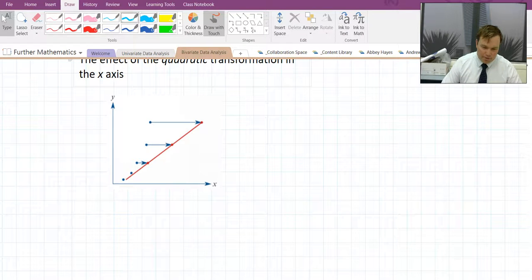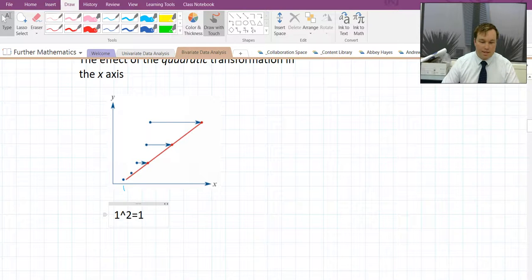So for example, if this x value here was x equals 1, and we square it, well, 1 squared is just equal to 1, so that's not very exciting. So this next one across here was x equals 3. 3 squared is 9, so it moves a little. First one doesn't move a lot, second one moves, third one moves a little. Second one would obviously go to 4.